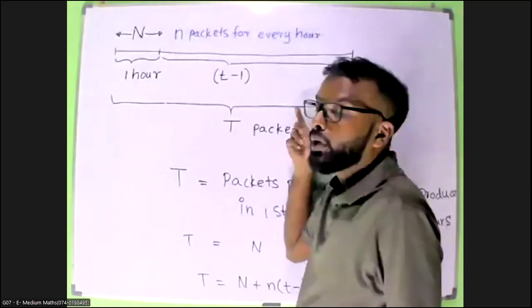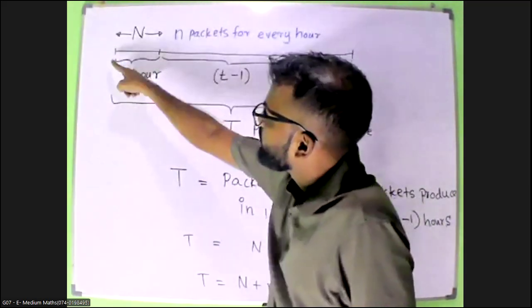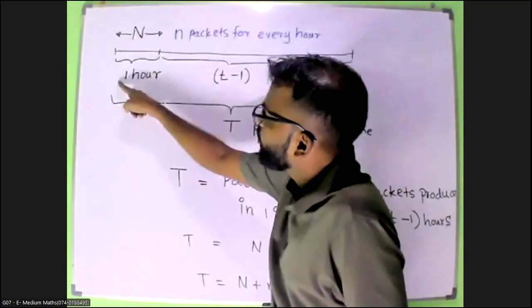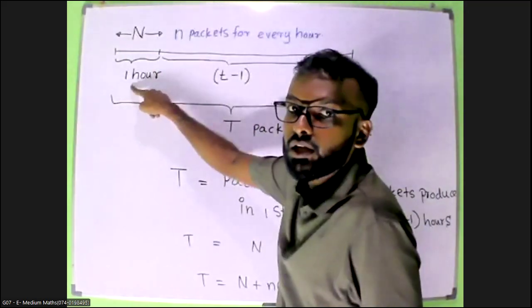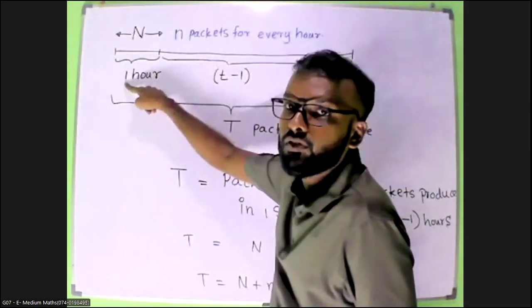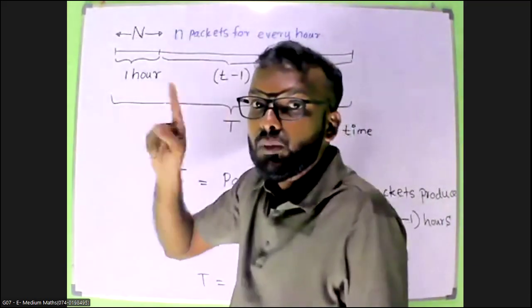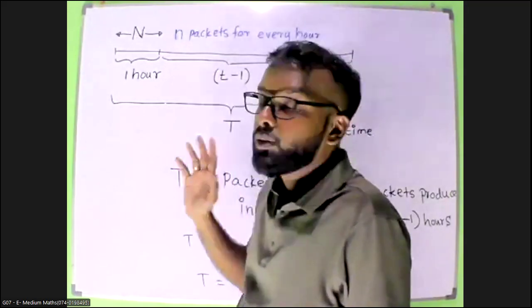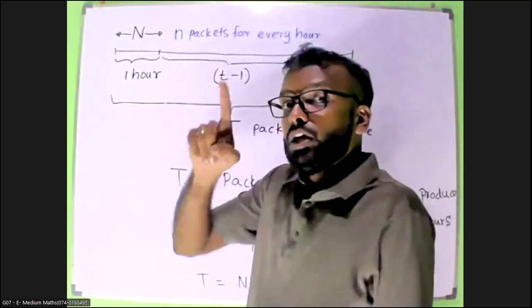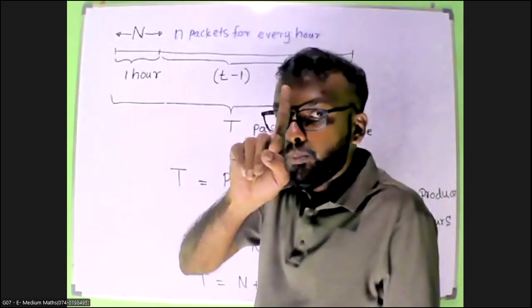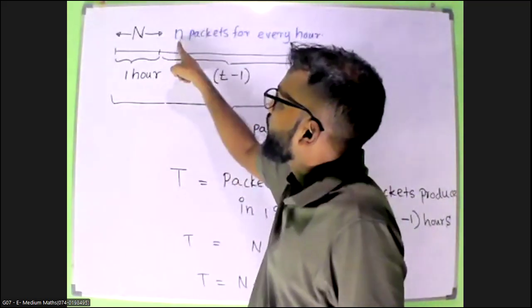So what is the time remaining? Total time is T, we are going to subtract this one. T minus 1. T minus 1 hours is remaining to us, right? So for 1 hour, they are producing N packets.